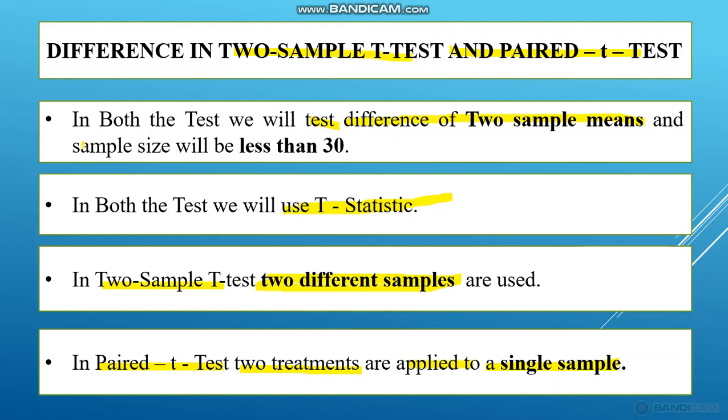In both tests the sample size will be less than 30, because we are using the t-test. But in the two sample t-test we have two different samples, while in the paired t-test we have only a single sample, to which we apply two treatments. So we call the paired t-test a dependent sample test.